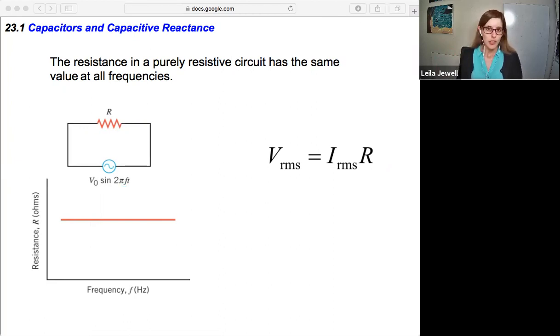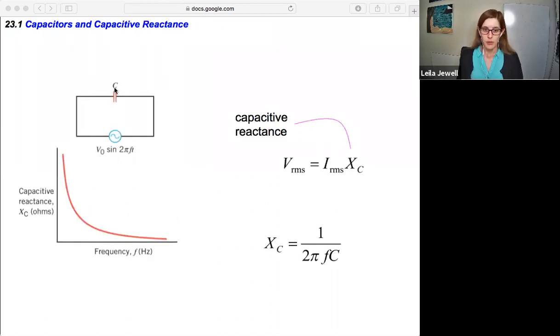Where things get more interesting is if instead of having a resistor, what if instead we put a capacitor in our AC circuit? Well, when we put a capacitor in our AC circuit instead of a resistor, the capacitor has its own effective resistance, if you will, and that's known as the capacitive reactance.